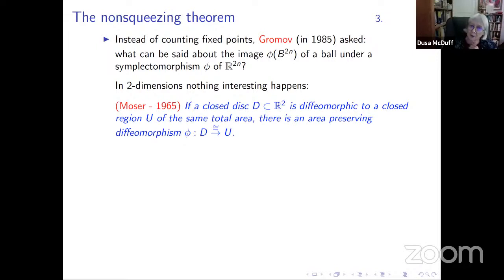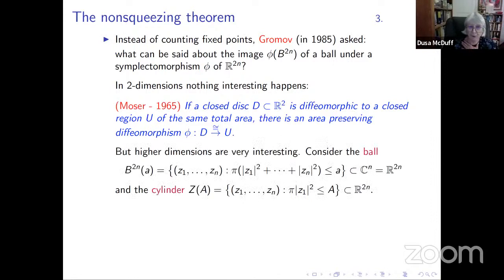If you have a closed disk in the plane, which is diffeomorphic to a region which has the same total area, then you can find an area preserving diffeomorphism from the disk to this region. In other words, just the total area being the same is enough to give you a diffeomorphism preserving area pointwise.